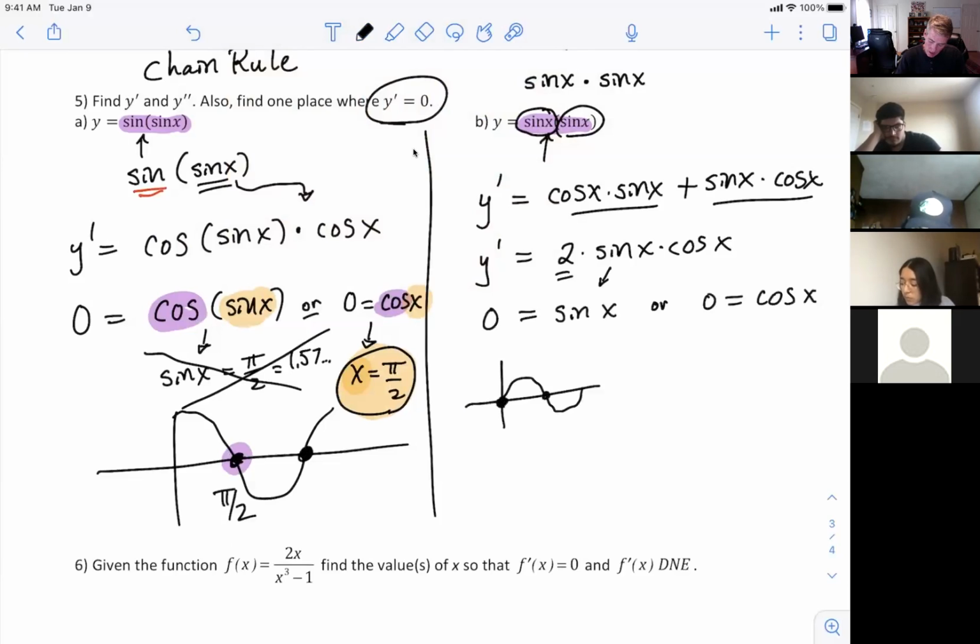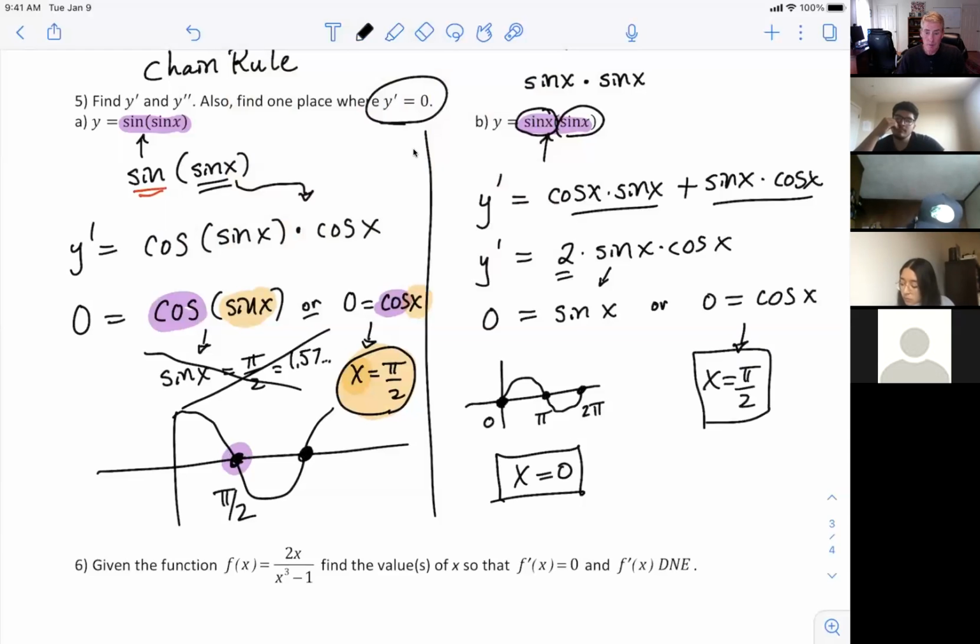And between 0 and 2 pi, there would already be 3 answers. There'd be 0 and pi and 2 pi. So then you could just pick one of those answers, like x equals 0. And cosine would be pi over 2.